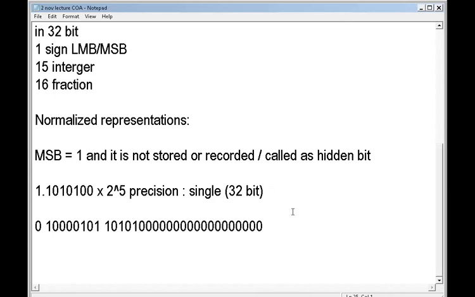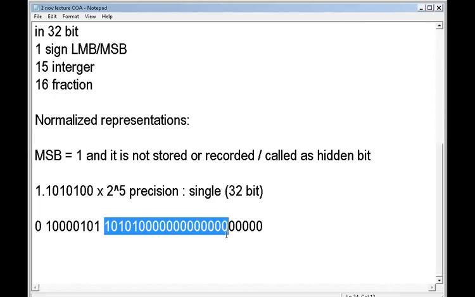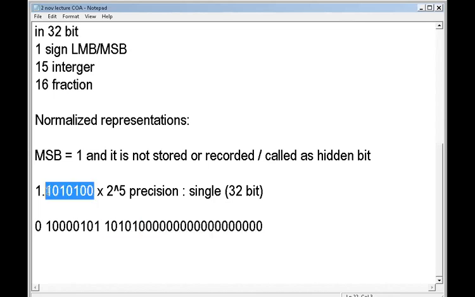In single precision representation, 1 bit is for sign, 8 bits for exponent, and 23 bits for fraction. And in 64 bit, 1 bit for sign, 11 bits for exponent, and 52 bits for fraction, right?